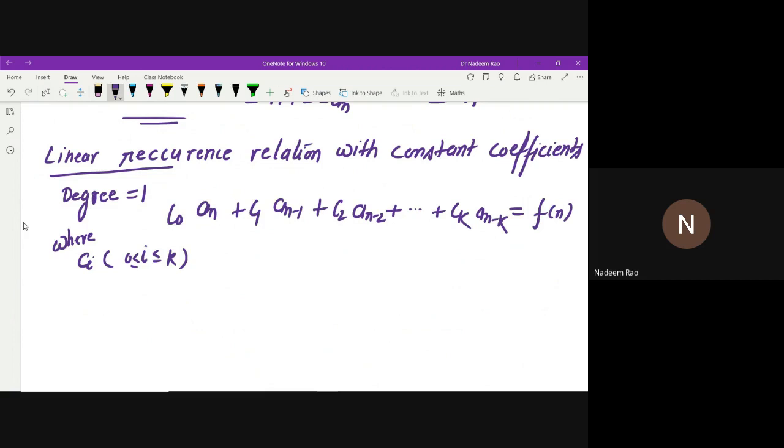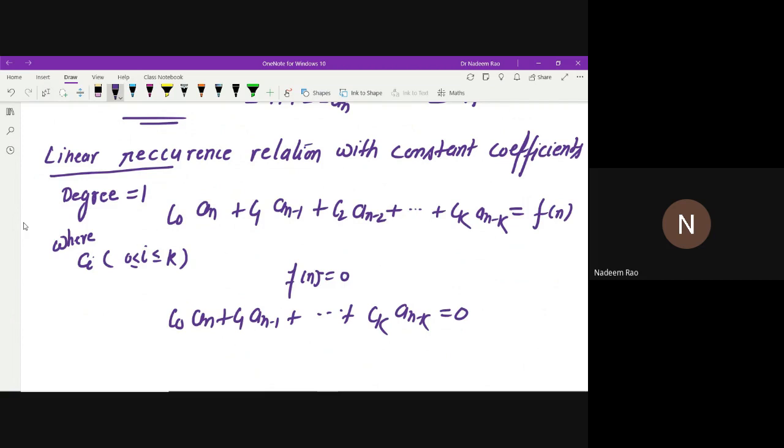If f(n) is equal to 0, that is, the above recurrence relation is in the form c_0 a_n plus c_1 a_{n-1} plus dot dot dot plus c_k a_{n-k} equals 0, then it is said to be homogeneous. Then the recurrence relation is a linear homogeneous recurrence relation.